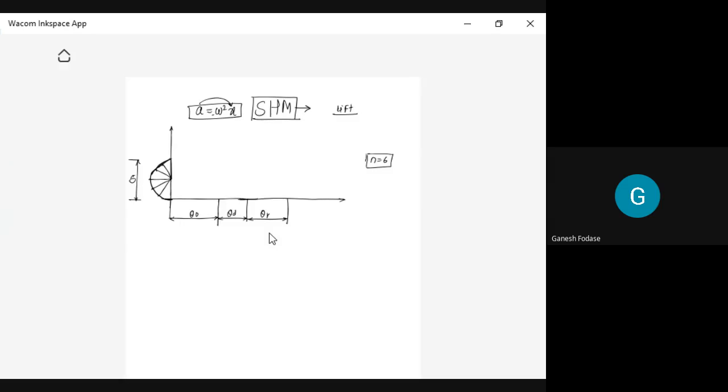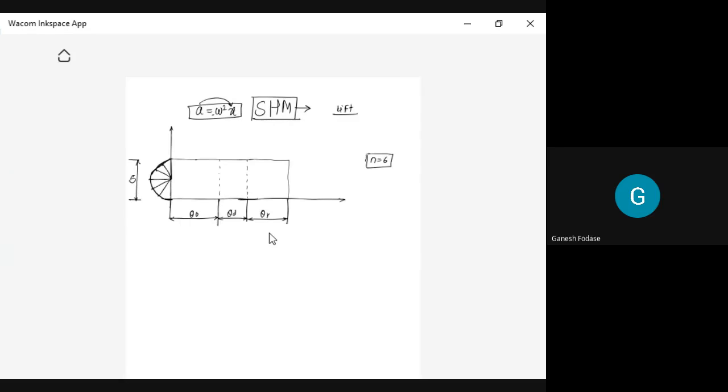This means the follower is moving with simple harmonic motion during rise and return, not during dwell, because during dwell the follower is stationary. So I have to draw a rise and return curve.